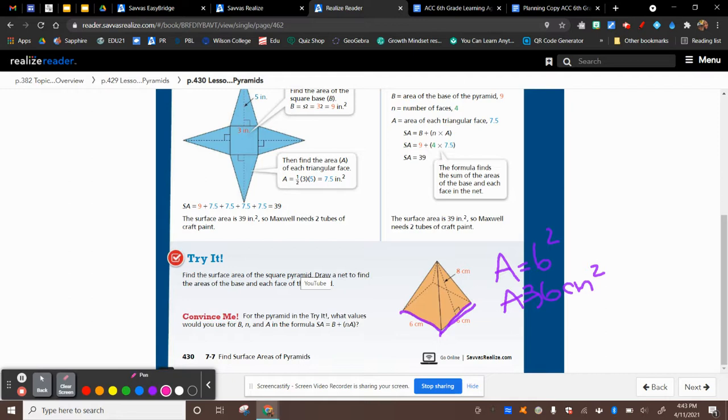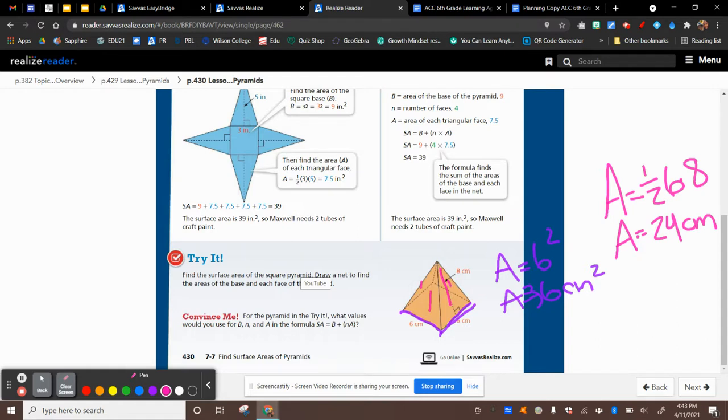And then I'm going to change colors to find the area of the triangle, which is 1/2 times the base, which is 6, times the height, which is 8. I take half of 6, which is 3. 3 times 8 is 24 centimeters squared. So that's for 1. There's 1, 2, 3, 4 of those.